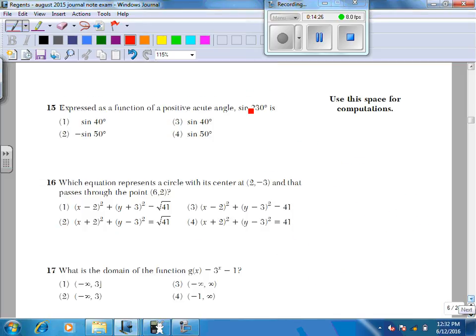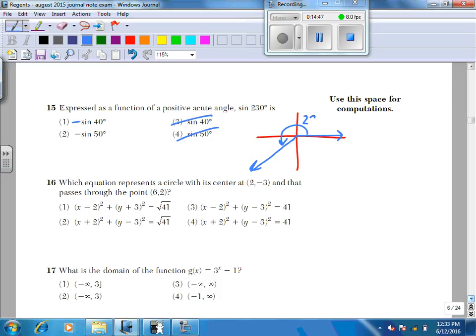What about number 15? If we drew sine 230, 230 would put us into the third quadrant. But in the third quadrant, sine would be negative. So I know it's not this or this, because in the third quadrant, sine is negative. This one should have a negative with it as well. So it's either choice 1 or choice 2.